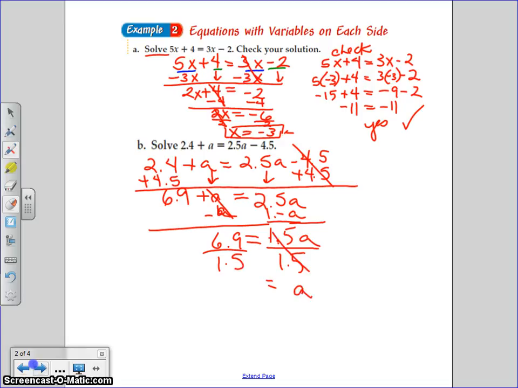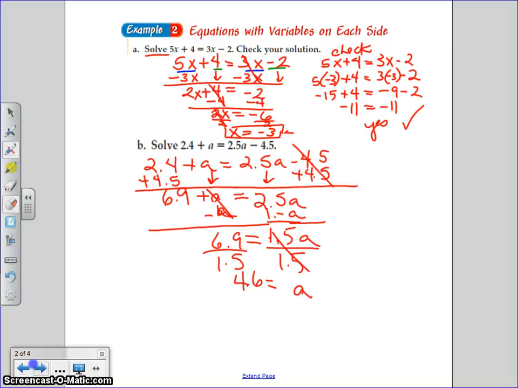So a equals, and I pull out my calculator, and I divide 1.5 into 6.9, and I get 6.9 divided by 1.5 is 4.6. So a equals 4.6.